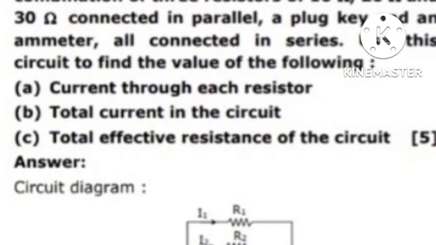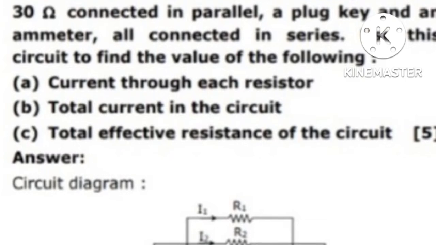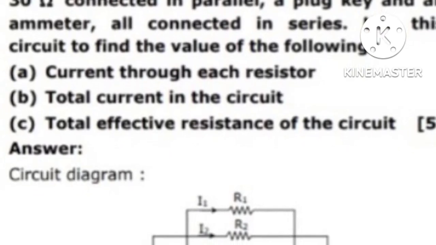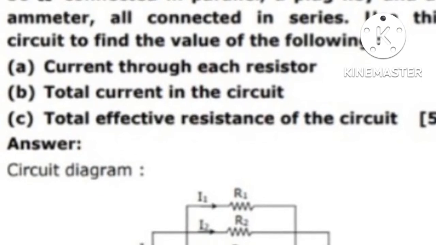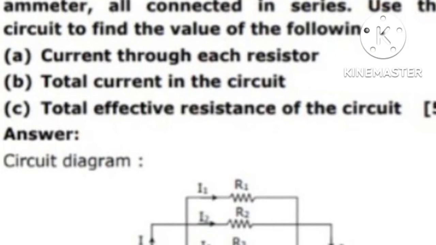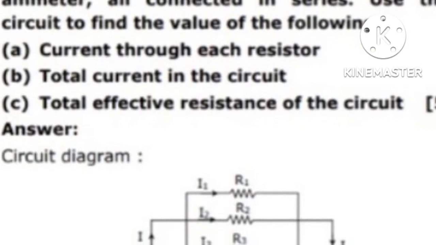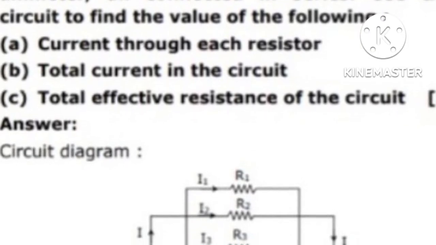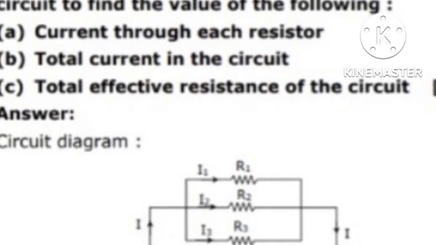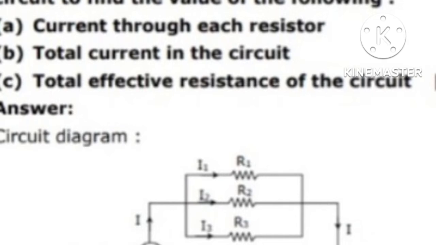And we have to find the values of current through each resistor, total current in the circuit, and total effective resistance of the circuit. So here first of all we have to draw the circuit, then we have to calculate the current through each resistor and the total current in the circuit and the total effective resistance of the circuit.